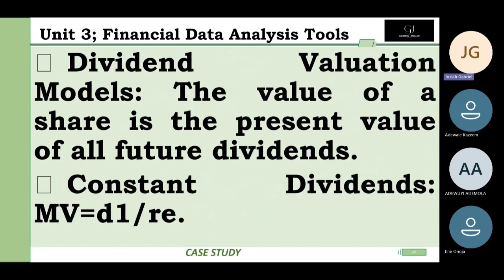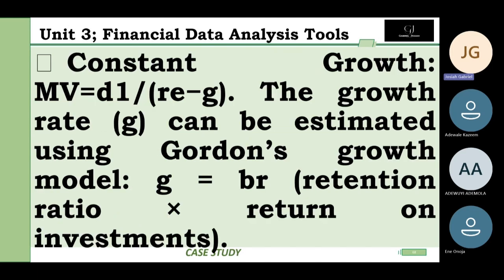Now we have dividend valuation models also, which speak to the value of a share as the present value of all future dividends, like the Modigliani and Miller model. They are models you could use. We also have the constant growth model, where you have the retention ratio and the growth rate, which can be estimated using Gordon's model.